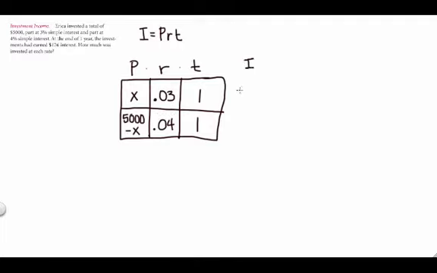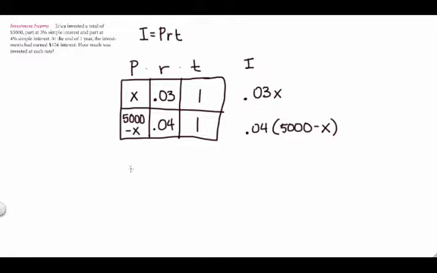So the last part here is interest. If you calculate straight across, anything times 1 is itself, so I don't have to write that out. So the top part is 0.03 times x, and the bottom part is 0.04 times 5,000 minus x.